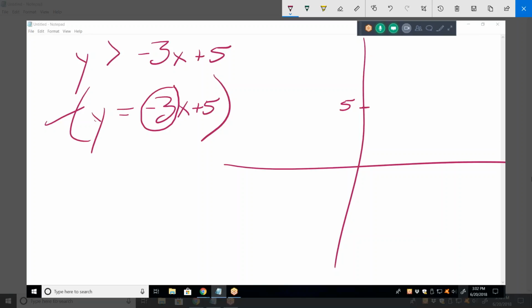Okay, I'll go up negative 3. I'll go up 3. 8. Now what? And then go to the right one. What kind of slope would that give you? Positive or negative? That would be a positive slope, but this is a negative one. So we'd go left one. Left one.